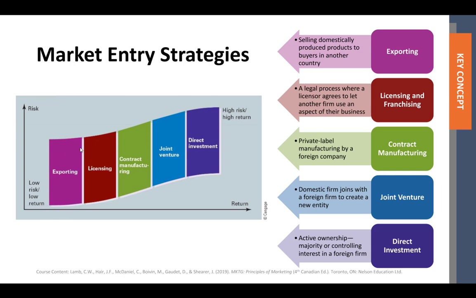Not always the case, but most of the time you're going to have a lot of fees, and you're keeping your manufacturing plants. So now you're paying shipping costs on all your products. So your costs are going up, so your returns are going down. So that's why that's over here. Whereas with direct investment, you're really just trying to recreate your entire factory, but now in another country. So you're trying to keep those margins high.